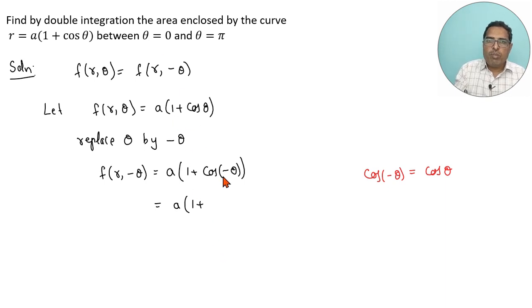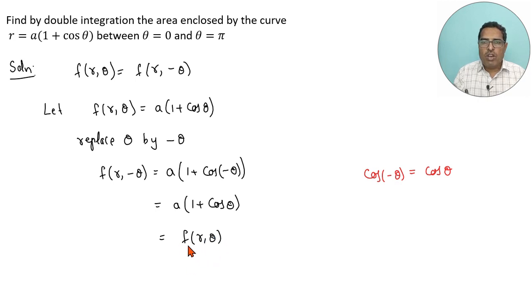So if you replace cos of minus theta by cos theta, is it not the same curve f of r comma theta itself, a into 1 plus cos theta? So therefore we have got back the same curve. Whenever you have f of r comma theta equal to f of r comma minus theta, then we can say that this given curve is a symmetric curve.